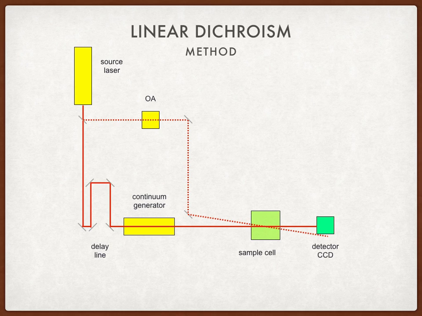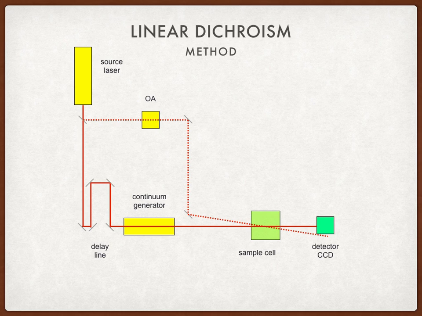But if I want to get any time-resolving information from my technique, what I'm going to have to do is delay the signal from one of them getting to my sample. And in fact, I delay the probe light.